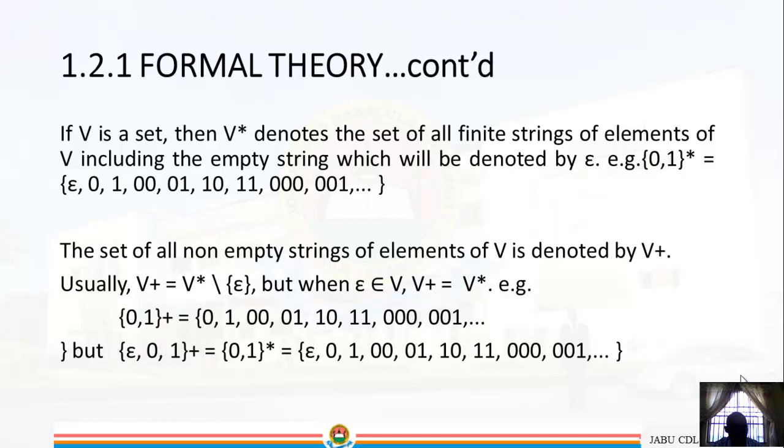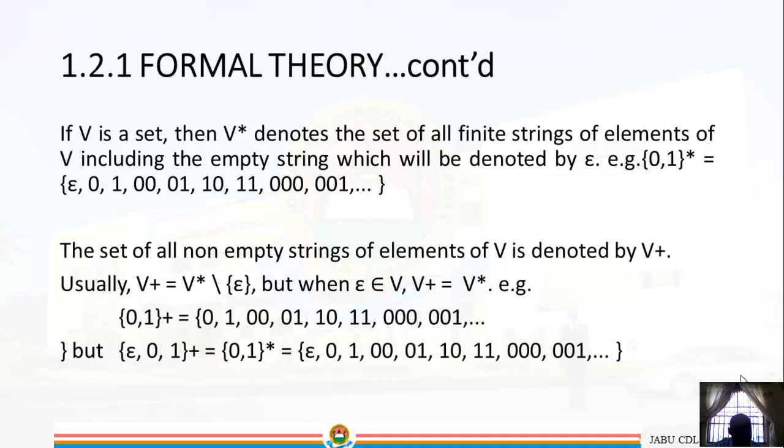Now, the set of all non-empty strings of elements of V is denoted by V plus. That is another set closure. But when ε is included, then V plus is equal to V star. That is, V plus means that it starts from non-empty strings, so it does not contain the empty string.